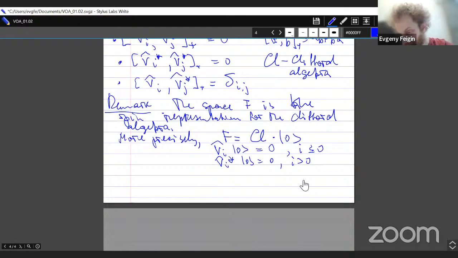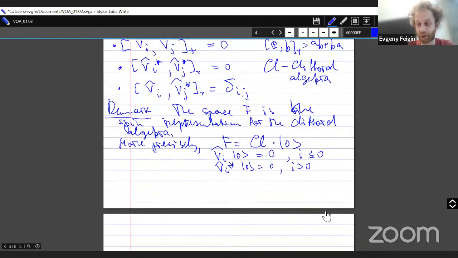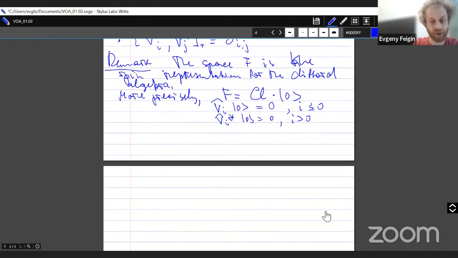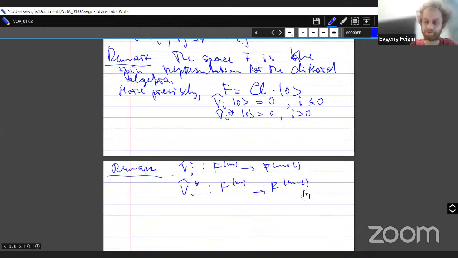So these are our operators. Any questions about this Clifford algebra action? Okay, one more remark is that the operators v_i hat act from F_m to where? F_{m+1}. Yes, they increase the charge, and v_i hat star act in the opposite direction.